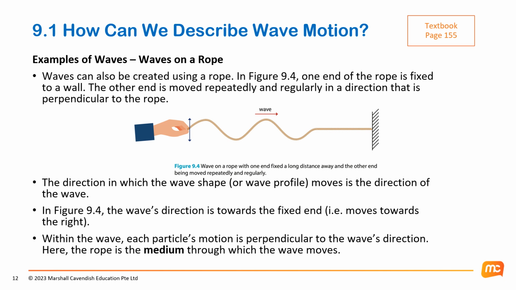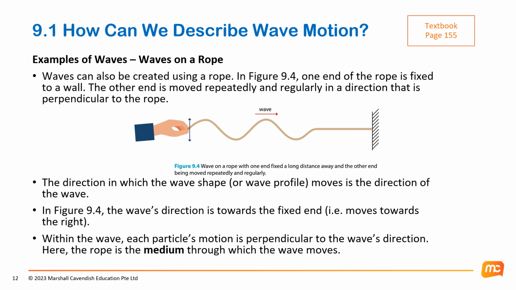Within this wave, each particle's motion is perpendicular to the wave direction. The rope is the medium through which the wave moves. The rope is what transmits the wave. And you will notice, very easily, that the rope itself does not move along with the wave.